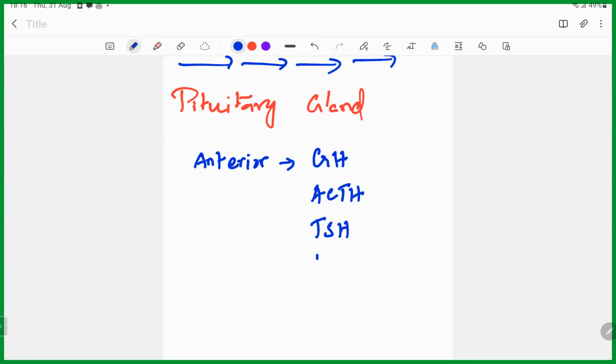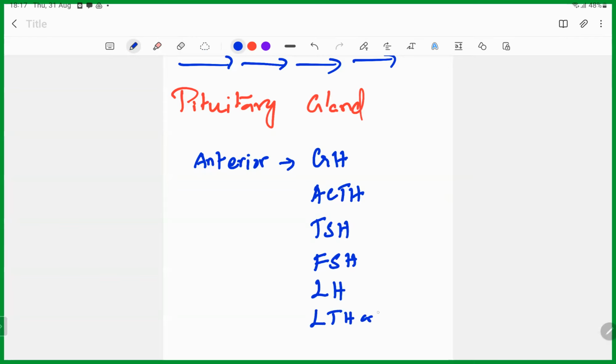FSH, follicle stimulating hormone. LH is luteinizing hormone. Actually, LH only. Yes, it is actually luteinizing hormone.